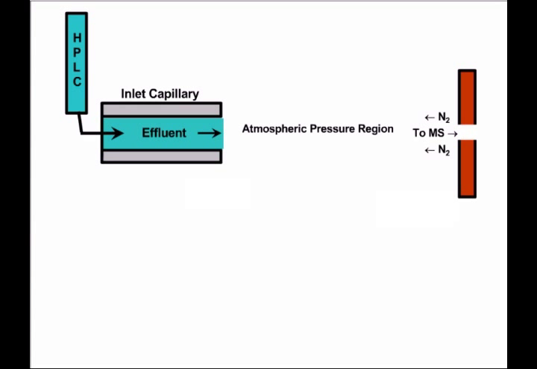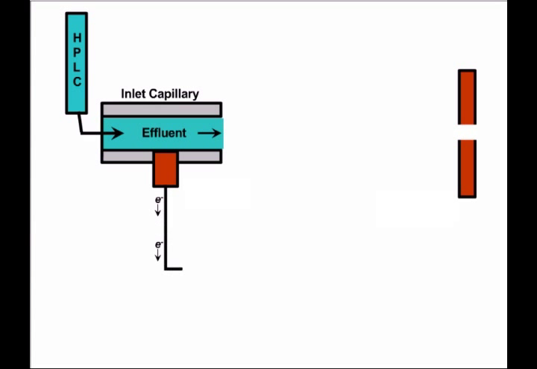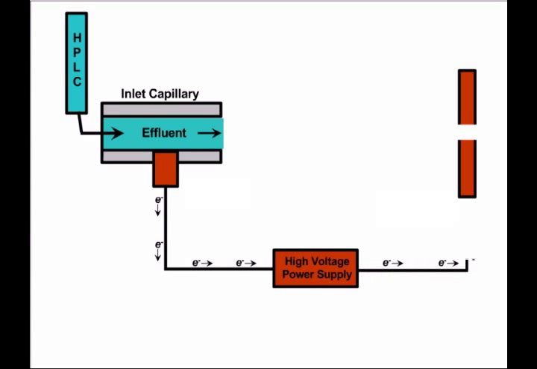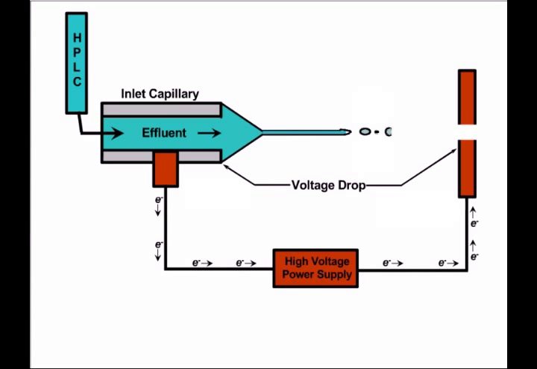What actually makes this an electrospray interface, however, is the presence of a high voltage power supply, or high voltage, which has been applied from the inlet capillary to the inlet to the mass spectrometer across this atmospheric pressure region. And when we apply high voltage to a capillary which is carrying a liquid flow, we get this characteristic formation of what's known as a Taylor cone.